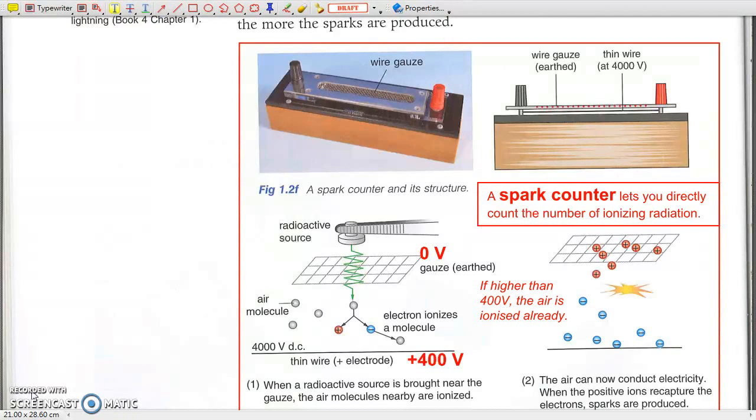When ion pairs are produced, the ions are attracted by respective electrodes, and sparks are produced when they strike on the electrodes. When more ions are produced, more sparks will be produced.